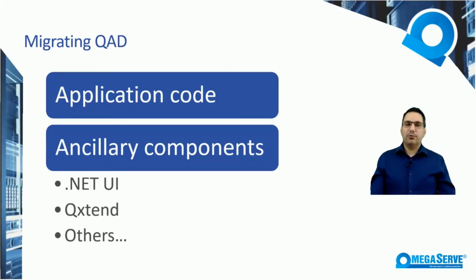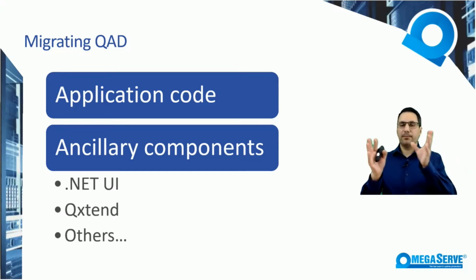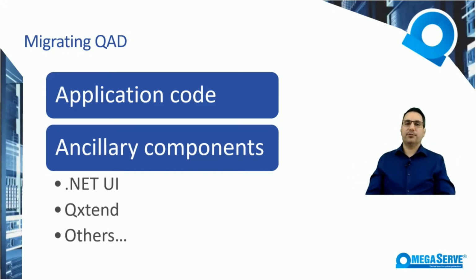Now, migrating to QAD. When it comes to the application code, it's pretty much platform independent. So you can grab the QAD code in most cases and copy it on the new system, and it will run. Even compile, even in some cases not having to compile.